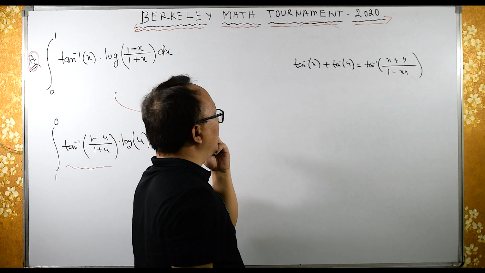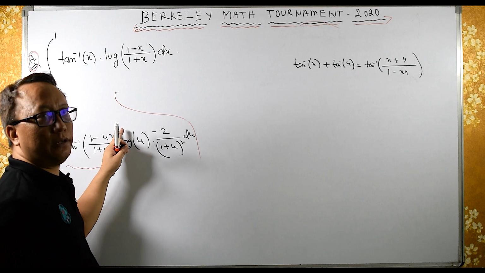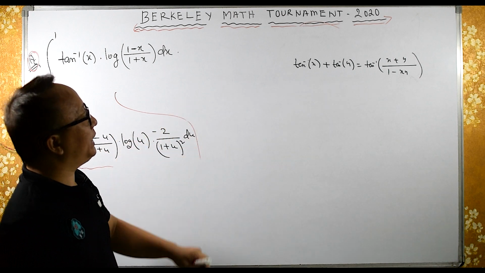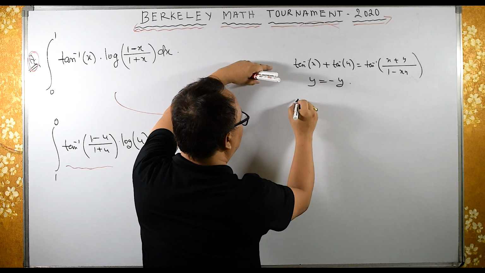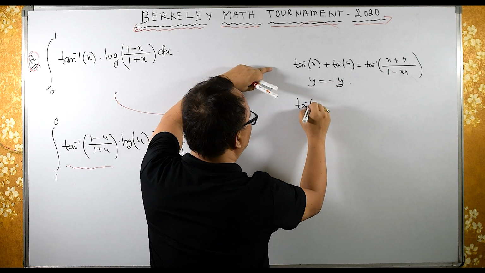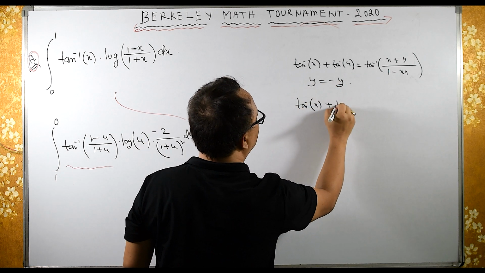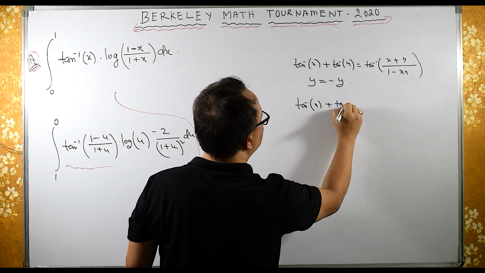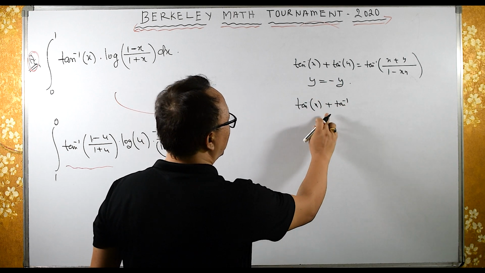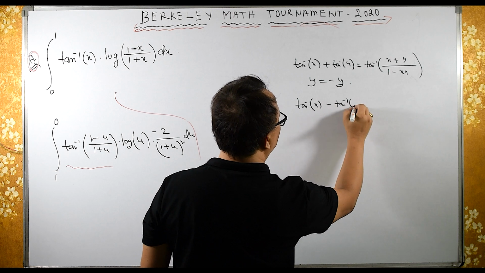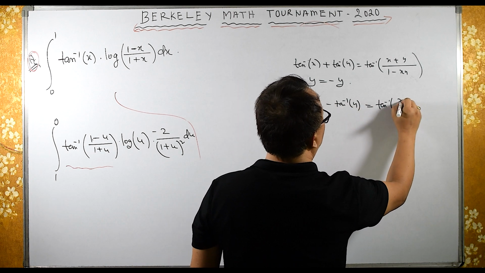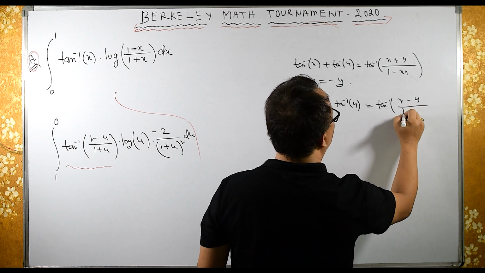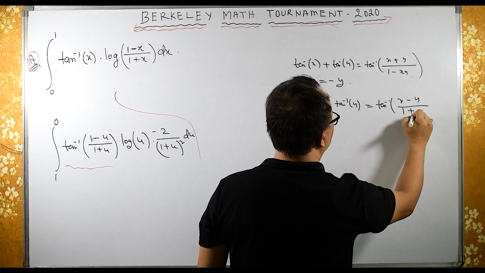Since minus is there, instead of y I will write minus y. Tan of minus theta is the same as minus tan of theta, so minus of y gives tan inverse x minus tan inverse y equals tan inverse of (x minus y) upon (1 plus xy).